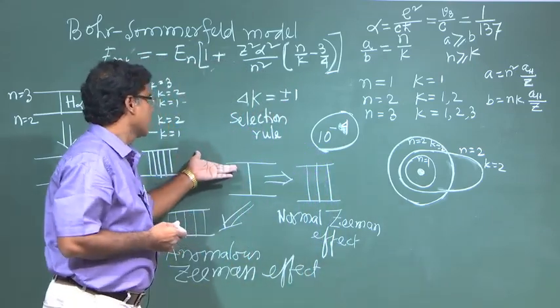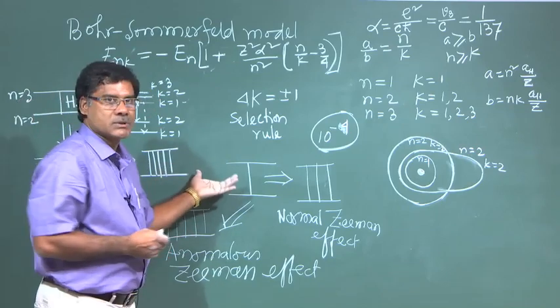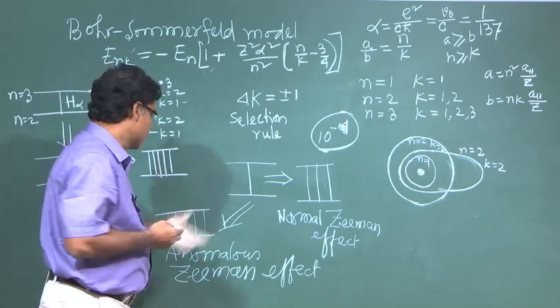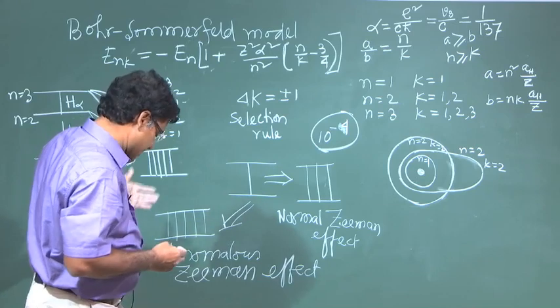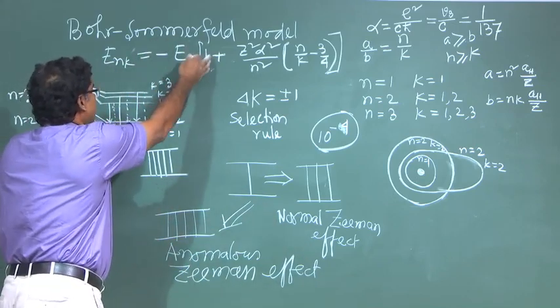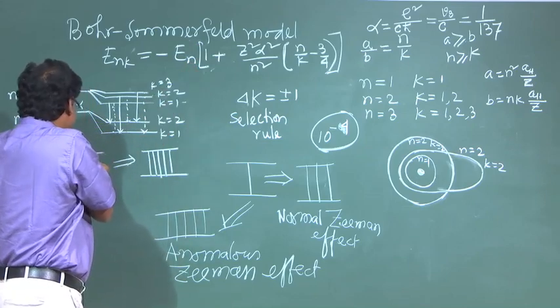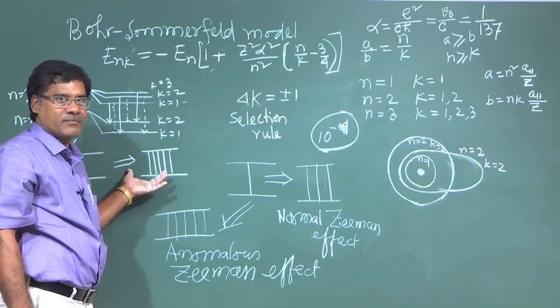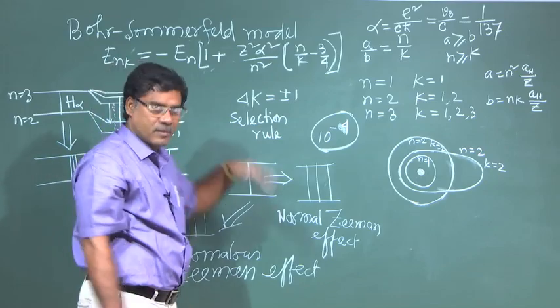So here 2 clues are there. One is that from the Sommerfeld model we are getting more lines, but it is not sufficient yet. We need even more lines.